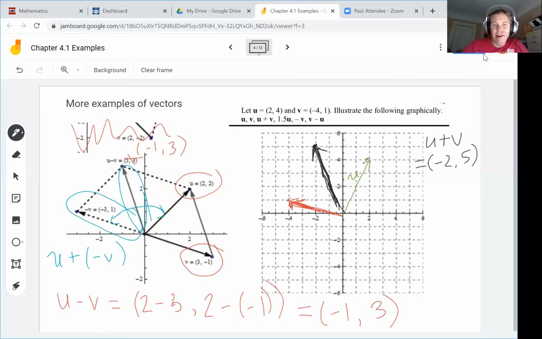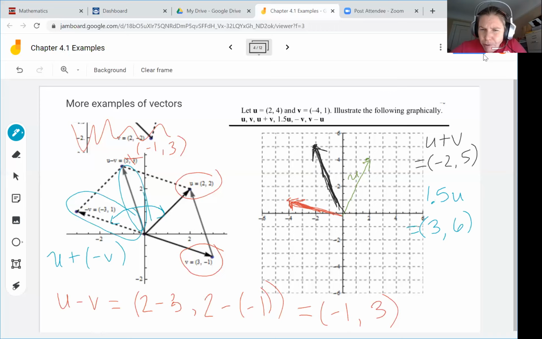And then we've got to find 1.5 times u. So 1.5 times u, we can multiply our values by 1.5. 1.5 times 2 is going to be 3, and 1.5 times 4 is going to be 6.